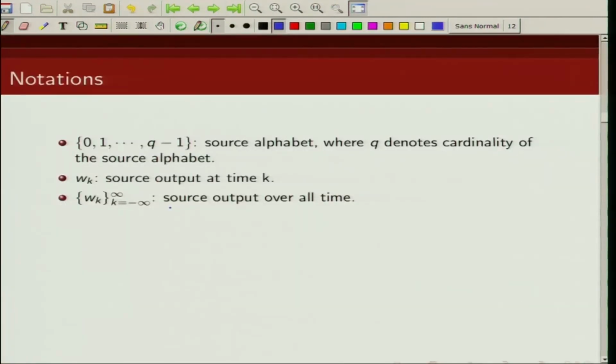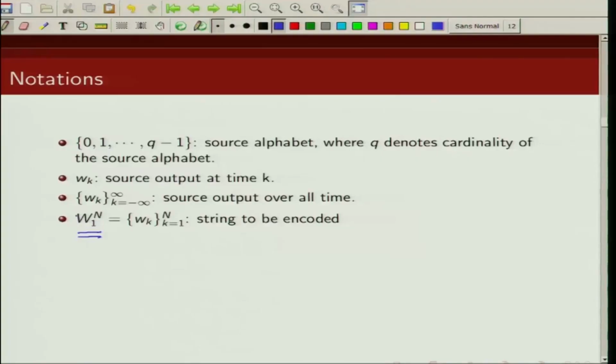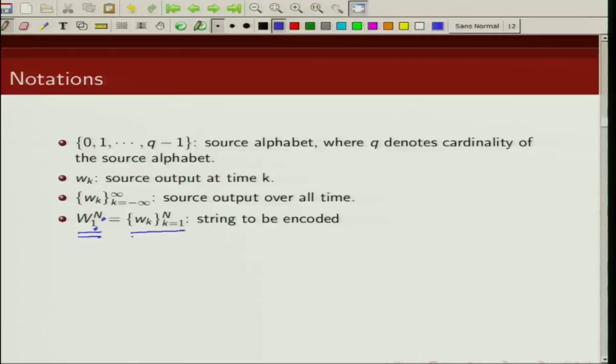If I write the source over all possible times, then I will use the notation w_k, where k goes from minus infinity to infinity. Now the string that I want to compress is a block of length n, which I denote by capital W, and I use the indices 1 to n to denote that it's a block from 1 to n. So this can be written as a string which goes from k equal to 1 to n.